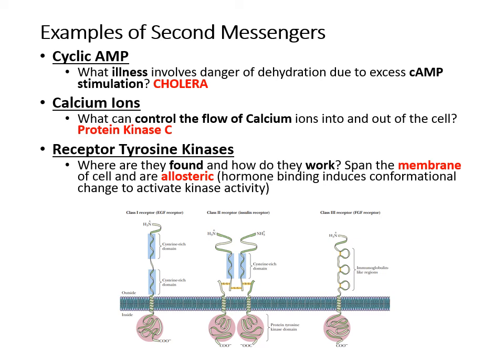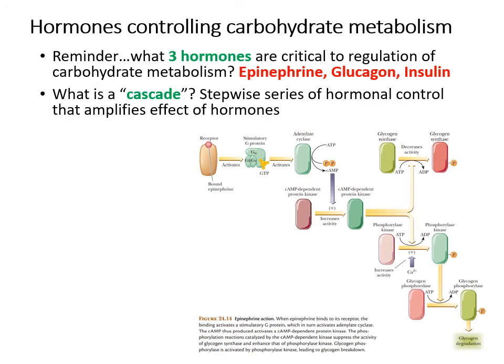Okay, so the allosteric aspect is responsible for the activation of the kinase activity. Now, when it comes to hormones controlling carbohydrate metabolism, this is something we've already previously spoken about, so I'm not going to go into the details of this again. I just want you to be aware that the three hormones critical in carbohydrate regulation are epinephrine, glucagon, and insulin.